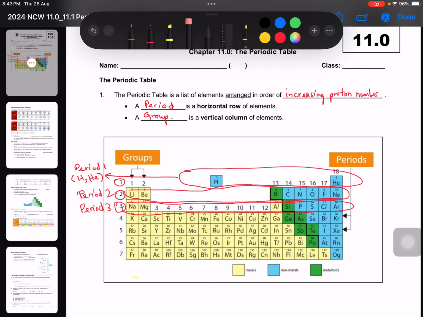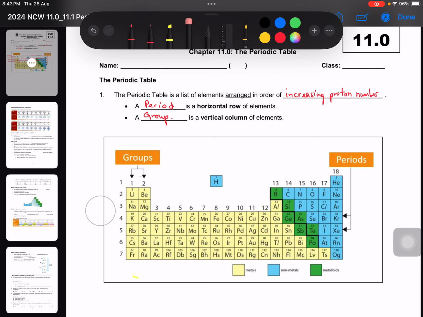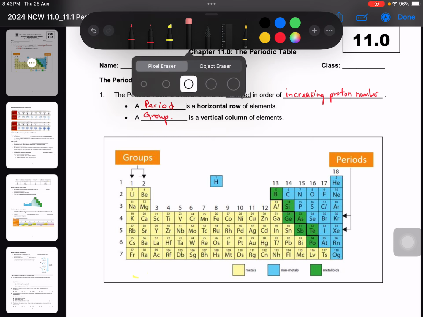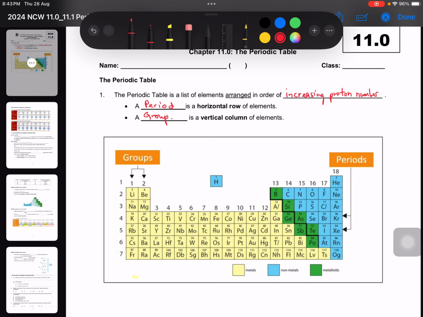Okay, very messy, so I'm going to clean it off. Maybe you can write it in a less messy way. Period 1, which is hydrogen and helium. Okay, period 2, period 3, and so on.